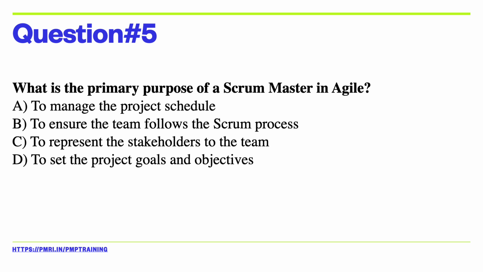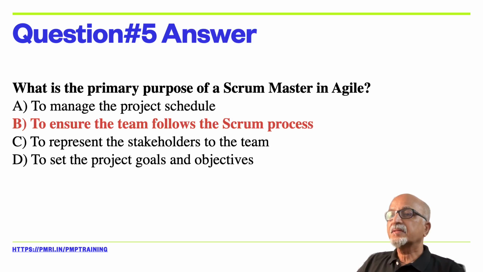Options: to manage the project schedule, to ensure the team follows the Scrum process, to represent the stakeholders to the team, to set the project goals and objectives. The correct answer is to ensure the team follows the Scrum process.